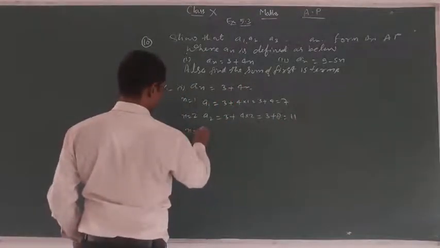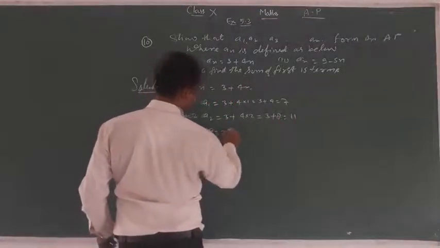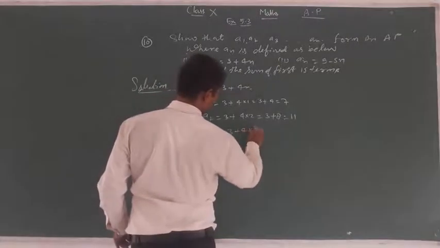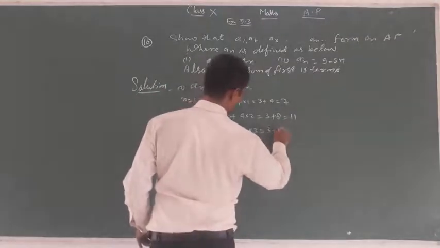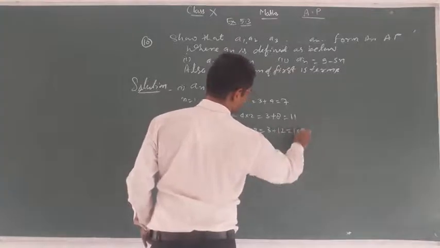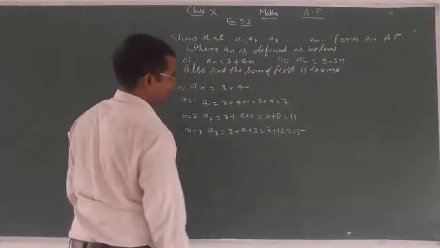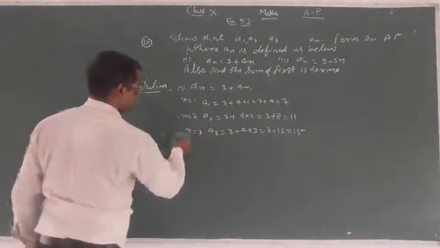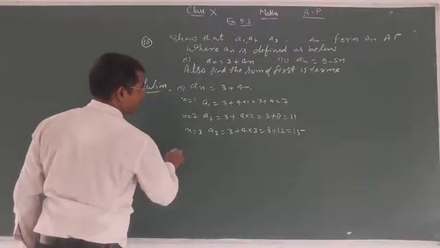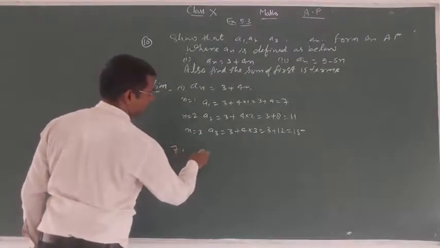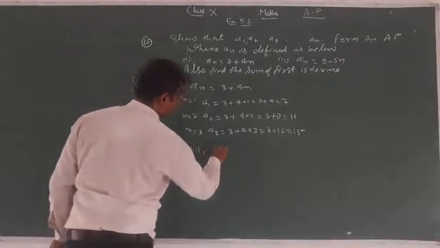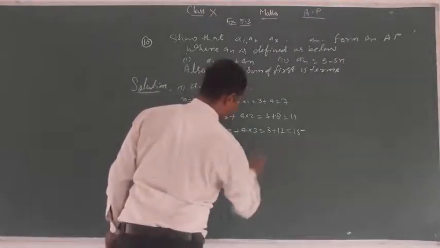Now n is equal to 3: A3 is equal to 3 plus 4 into 3, which is 15. So the AP is 7, 11, 15, and so on.